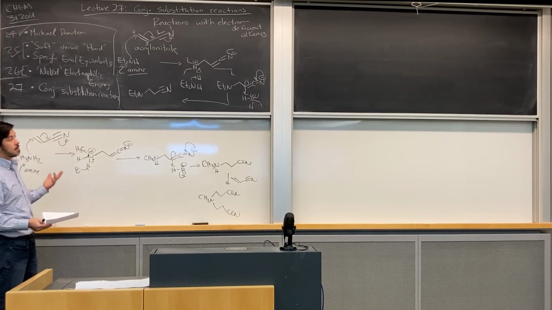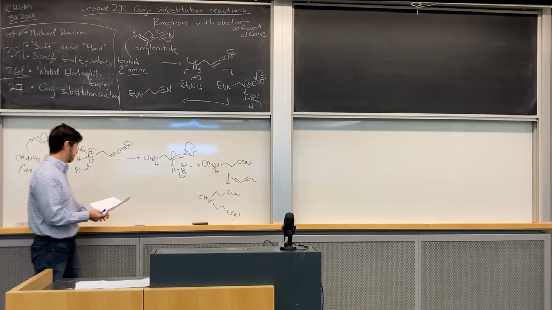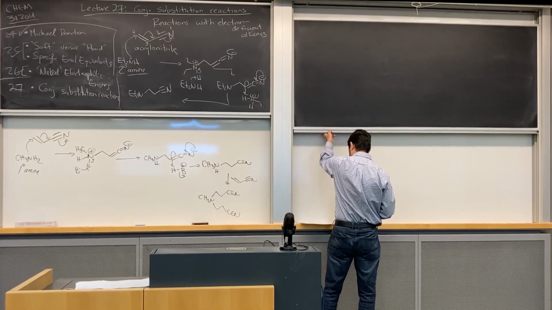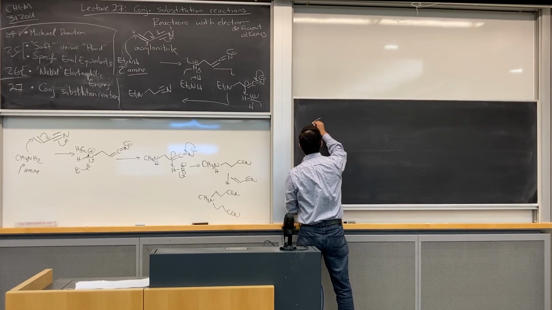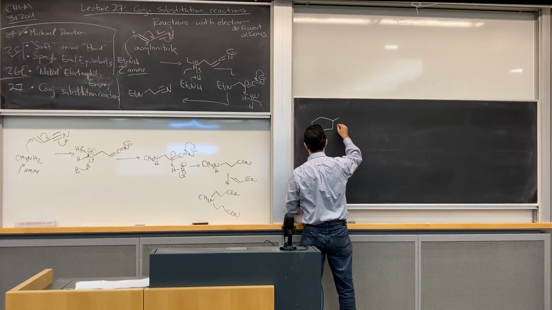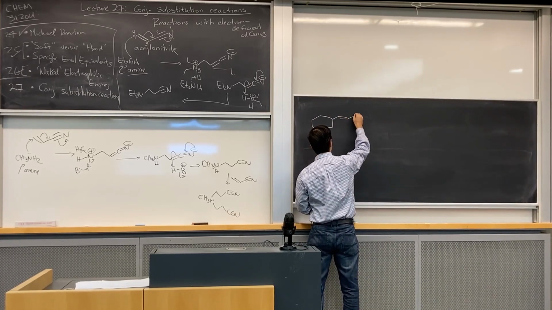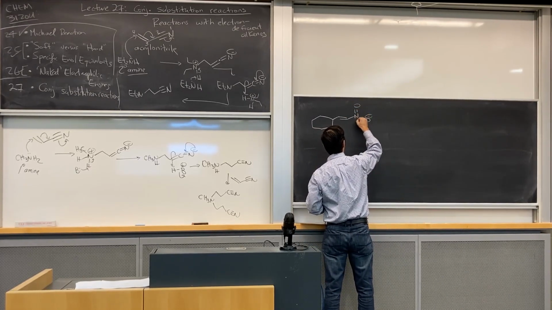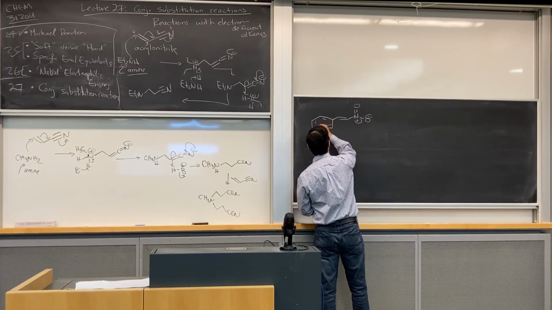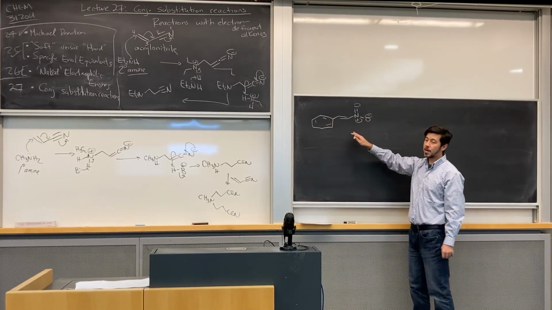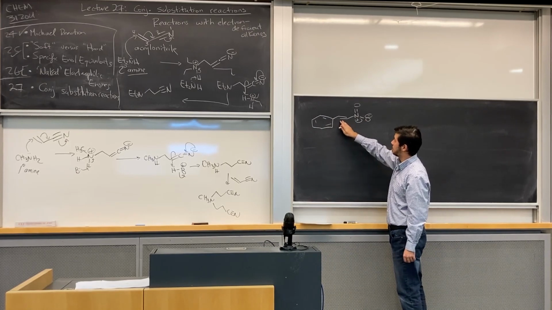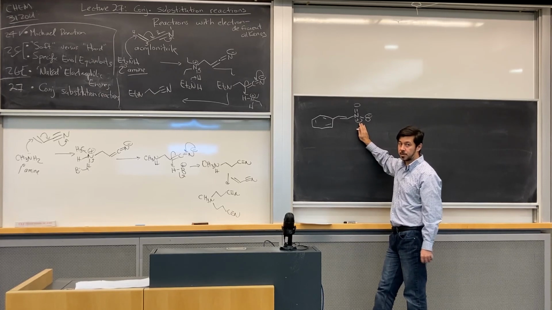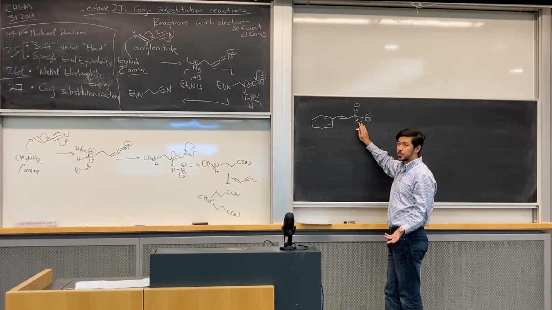Let's take a look at perhaps a more practical example. All right, so we have an aromatic group, and then we have this allyl group with a nitro group attached. What do we know about nitro groups? Nitro groups are very good electron withdrawing groups.